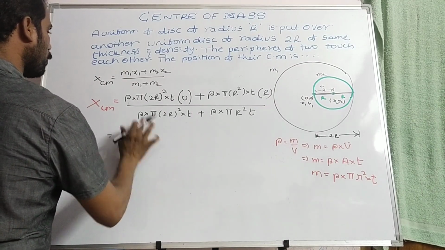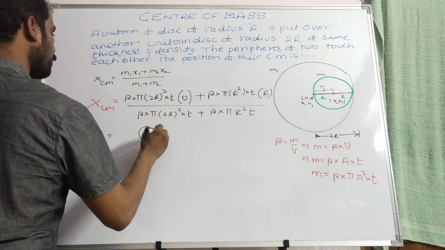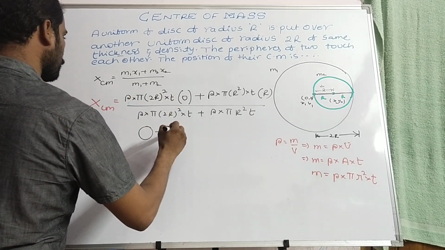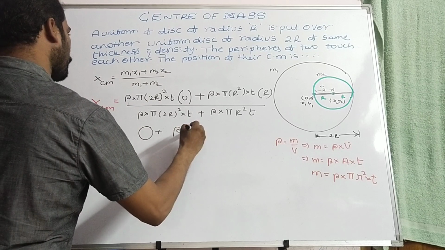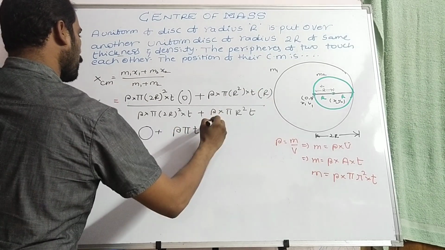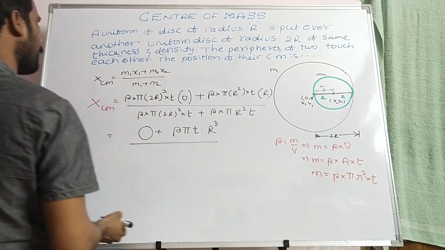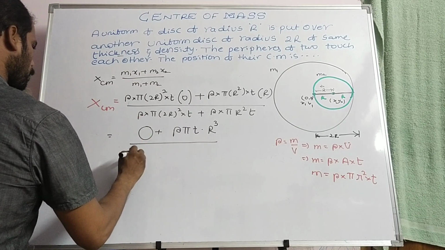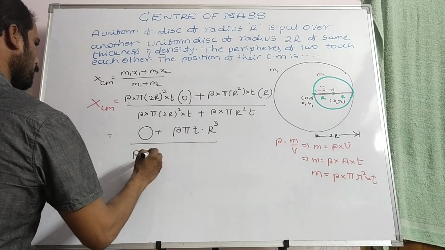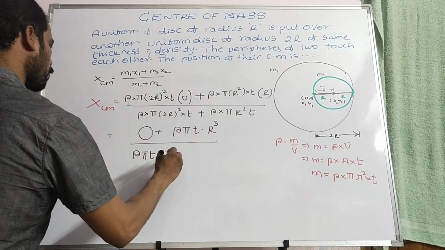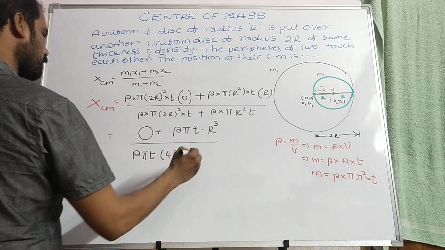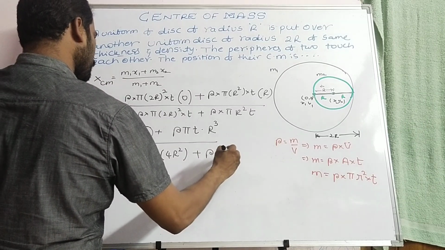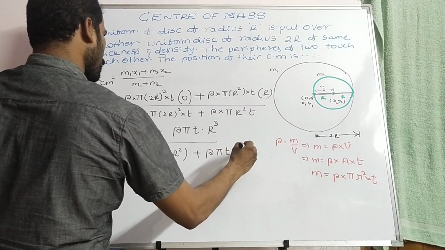The first term will be 0. So we get rho into pi into t into r cube, divided by rho into pi into t into 4r square plus rho into pi into t into r square.